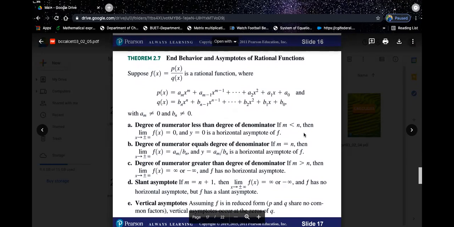It could be a polynomial, it could be a rational function, whatever. If a function is given, how can you find the asymptote?